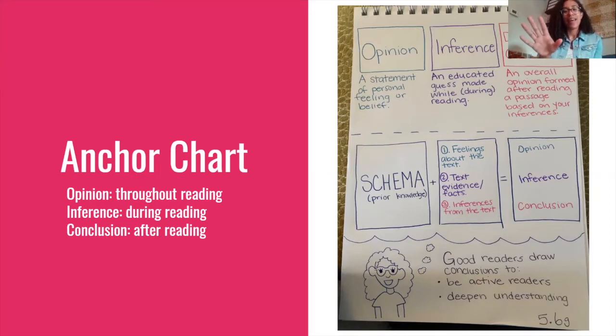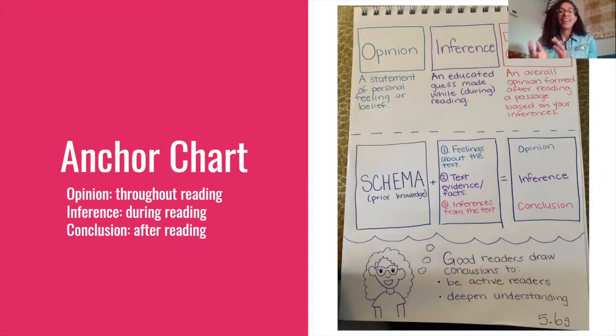Now, the part that my video is probably blocking says drawing conclusions. So conclusion is right down here. Drawing conclusions is an overall opinion formed after reading a passage based on your inferences.